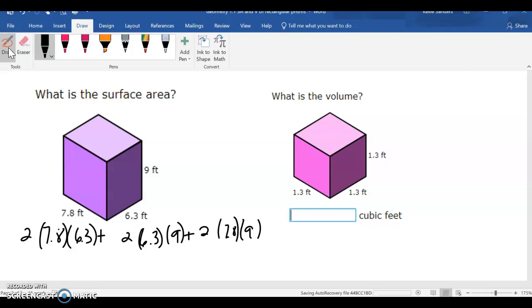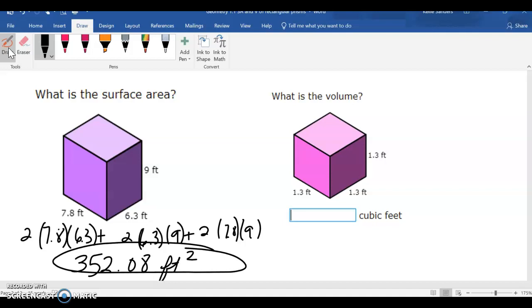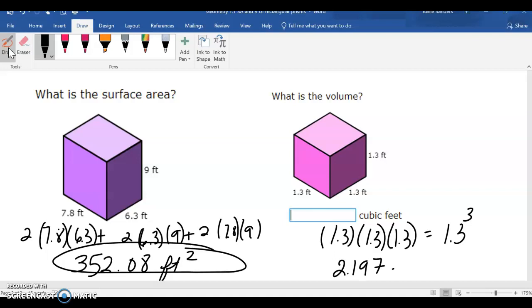If you're using a calculator and you put it in just like this, it should work. 352.08 square feet. Volume: 1.3 times 1.3. Since they're all the same, you could put 1.3 cubed in the calculator. 2.197 cubic feet.